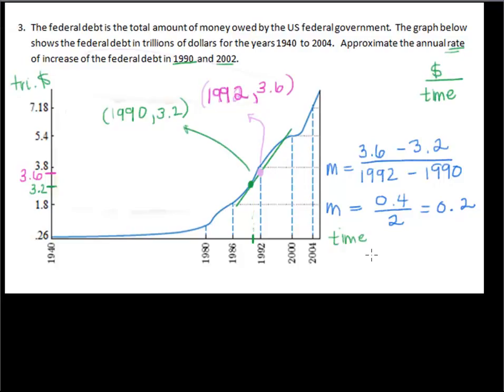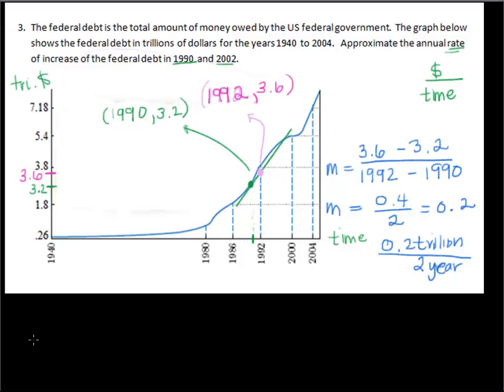So that would be $0.2 trillion. I know I forgot an I. Again, I'm a math teacher. All over 2 years. So if I wanted to estimate that, what would my answer be then?